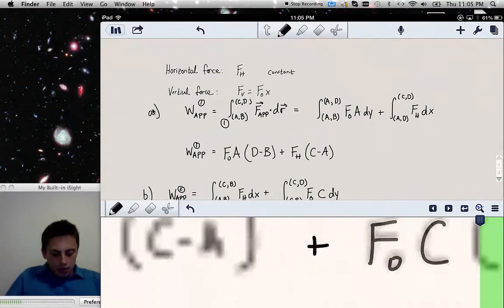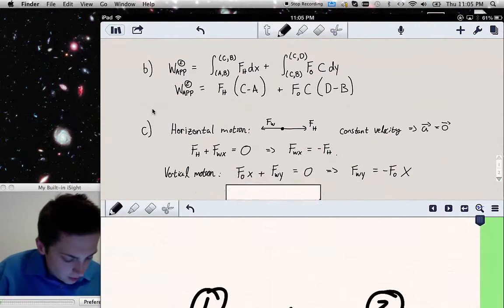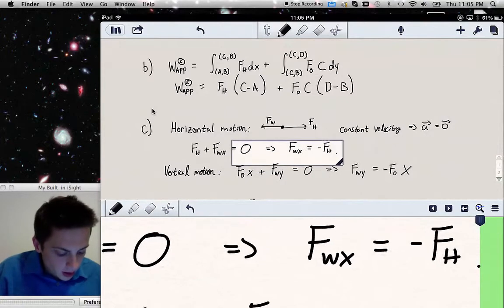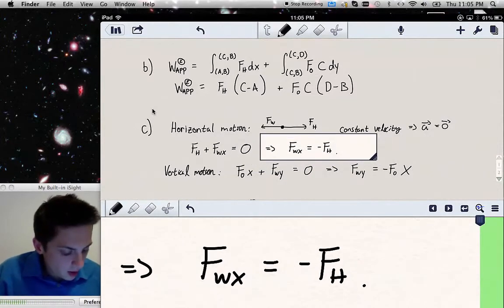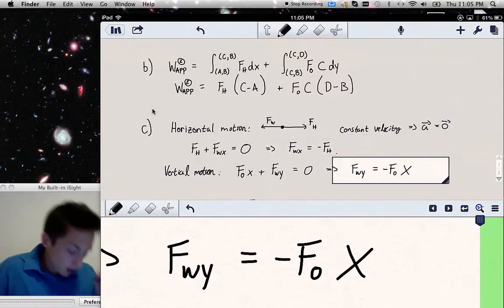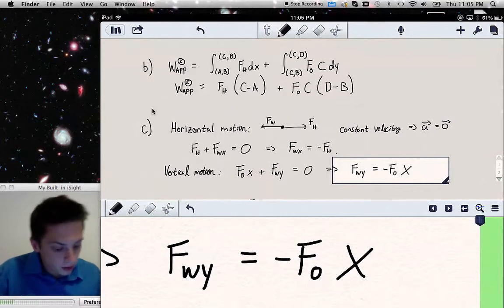As we've shown down here, the components of the water's force are just going to be negative the components of the applied forces.